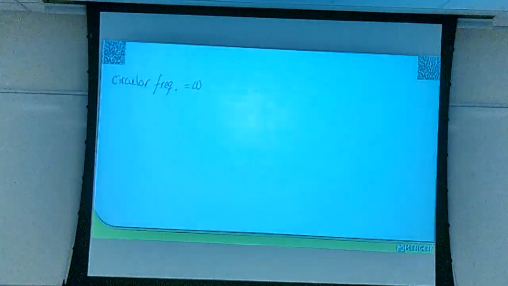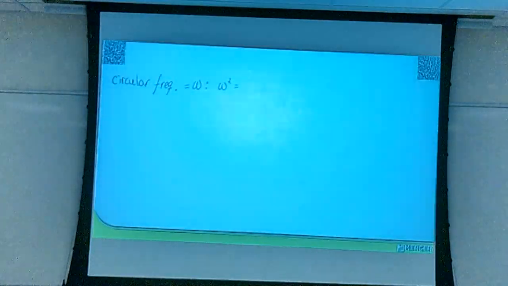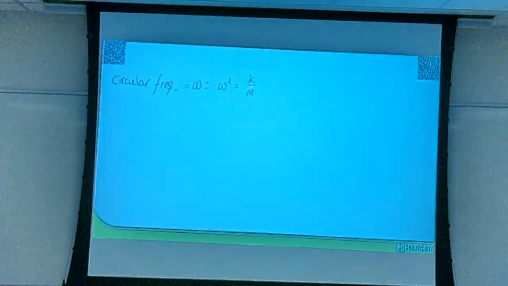Remember, that is given as omega squared is k over m. K is the spring constant, m is the mass.